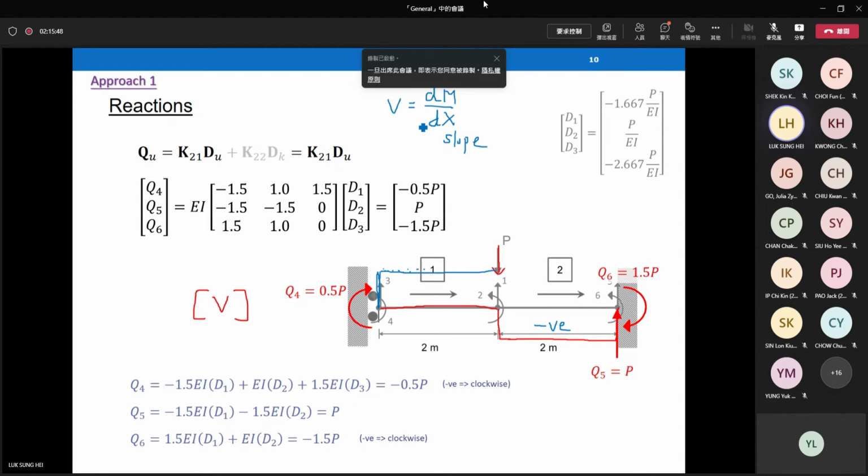According to this property, if you change it a little bit, V dx equals dM, and integrate this equation, it becomes another graphical property. The area of the shear force diagram tells you the change in moment. Negative area means the change in moment is negative. So the moment is more and more negative. Then you can draw the moment diagram also in a minute.